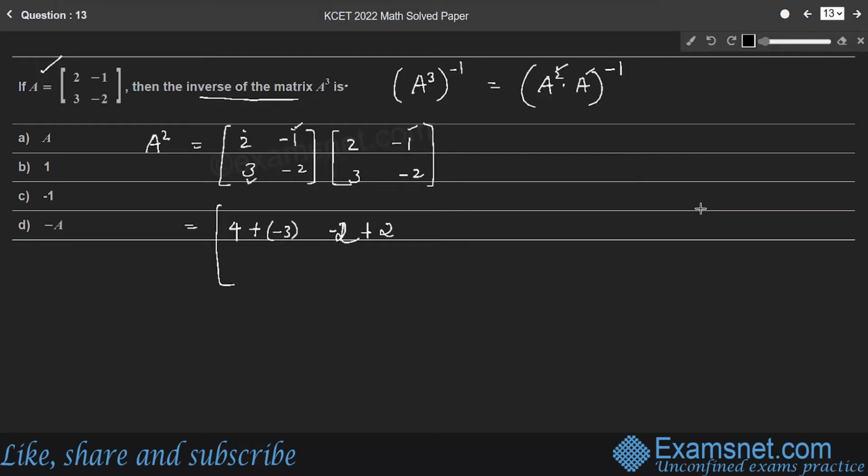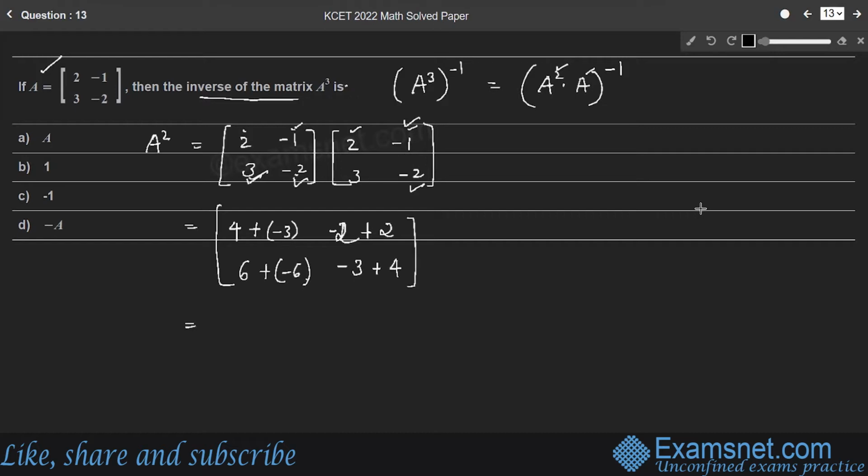Next comes the second row: 3 into 2 becomes 6, plus minus 2 into 3, which is minus 6. Then 3 into minus 1 becomes minus 3, plus minus 2 into minus 2, which becomes plus 4.